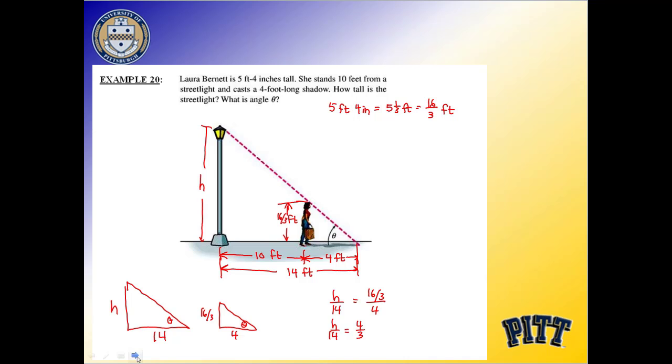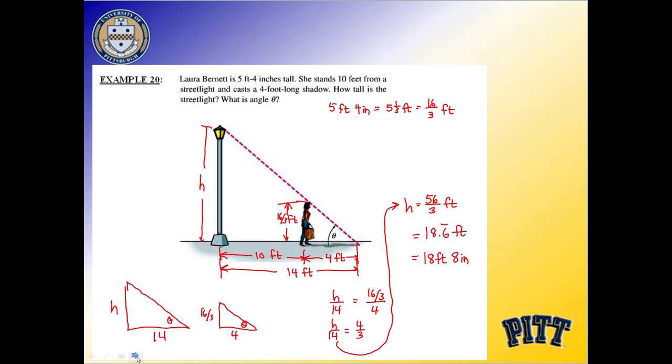So if I work this out, cross multiplying, 3h would equal 4 times 14, which would give me h equaling 56 over 3. So the height of this lamppost is 18.6 repeating feet, or 18 2/3 feet, and 2/3 of a foot is 8 inches.